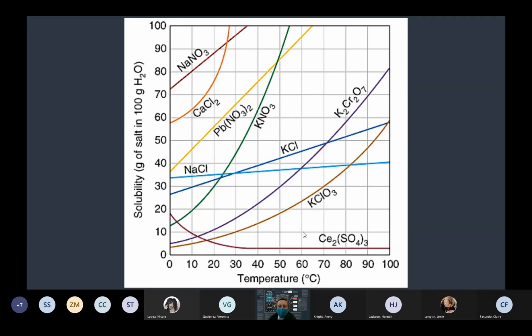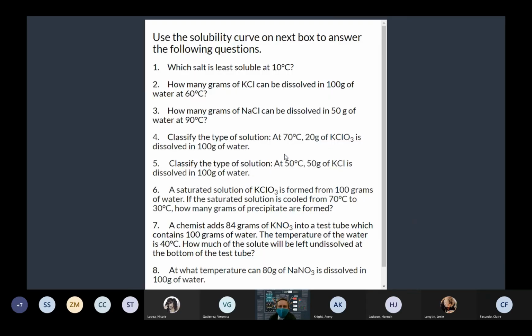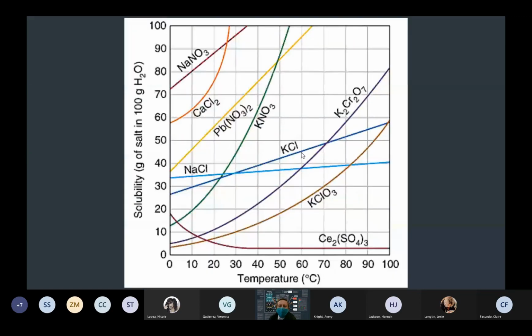So we just need to go to 60 degrees, find our KCl. It looks like it's right halfway between 40 and 50, so that's going to be 45 grams of KCl. Wait, did that say 50 degrees? No, 60 degrees. Yeah, 45 grams at 60 degrees.